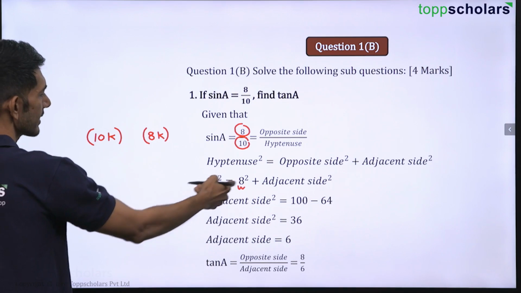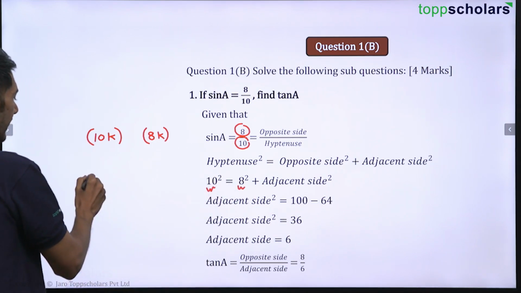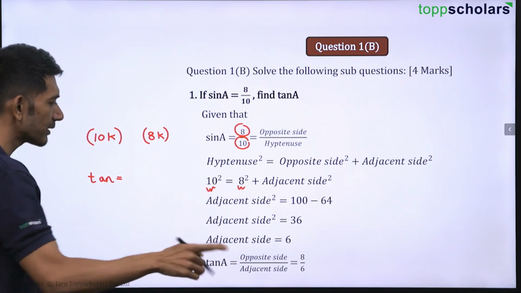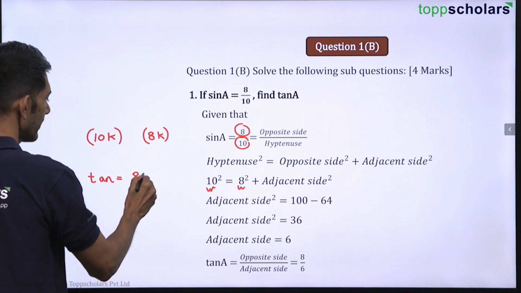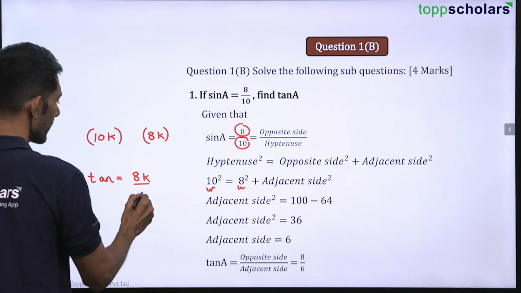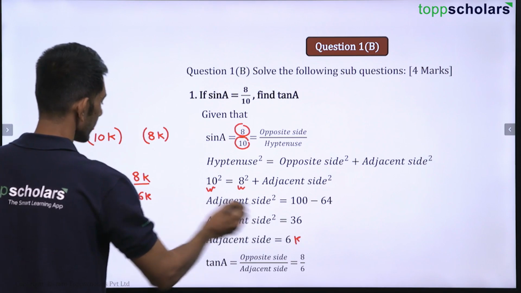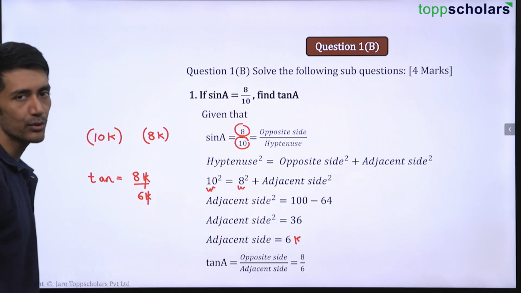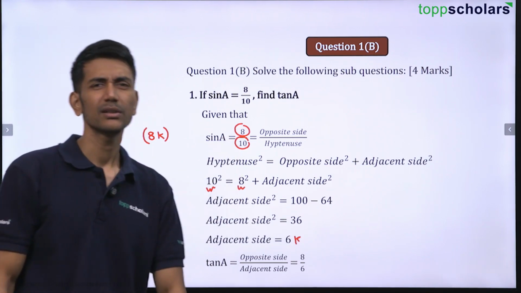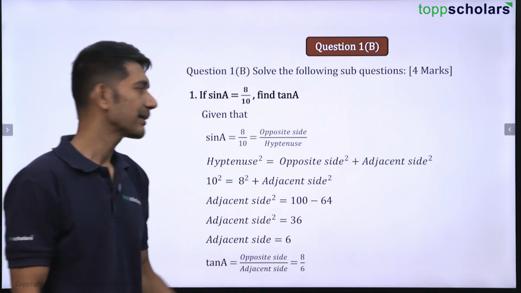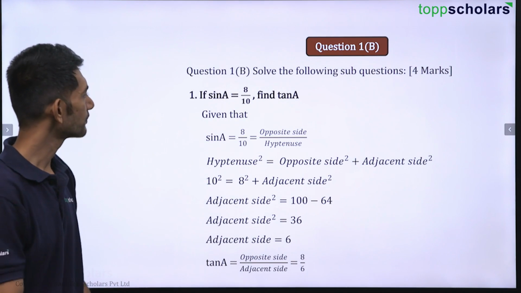Once you get tan, the answer is going to be the same. You will get 8k by 6k, and that gives you 8 by 6, because these are not the actual values. These are the ratios. Anyways, fine, there is no problem. Ultimately, we are getting the answer correct.